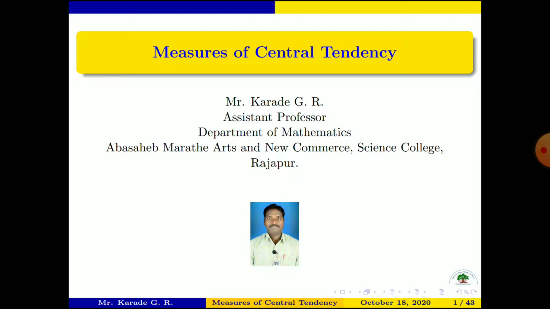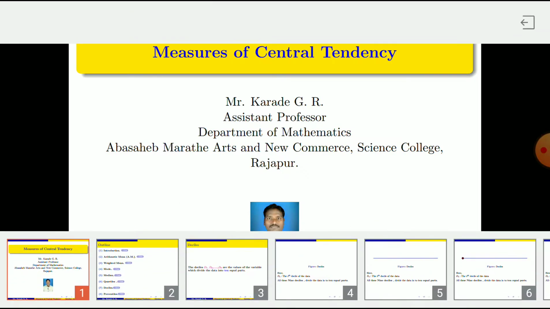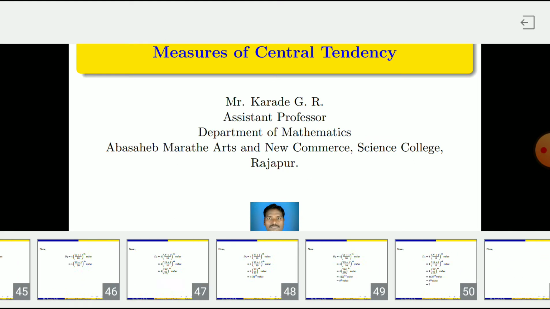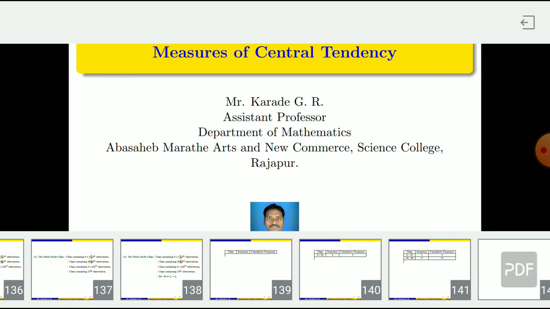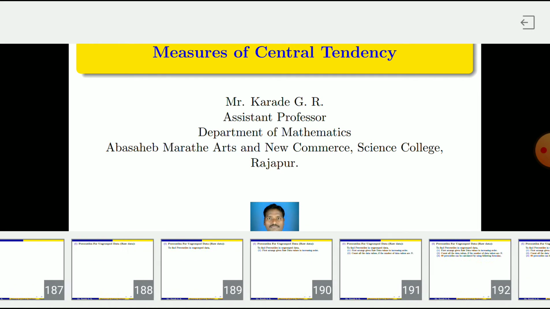In the previous lecture, we studied deciles of given data and deciles of grouped frequency distribution. Now, we study percentiles of given ungrouped data and for given grouped data. So, let us see the percentiles. This is the last topic of our lecture.